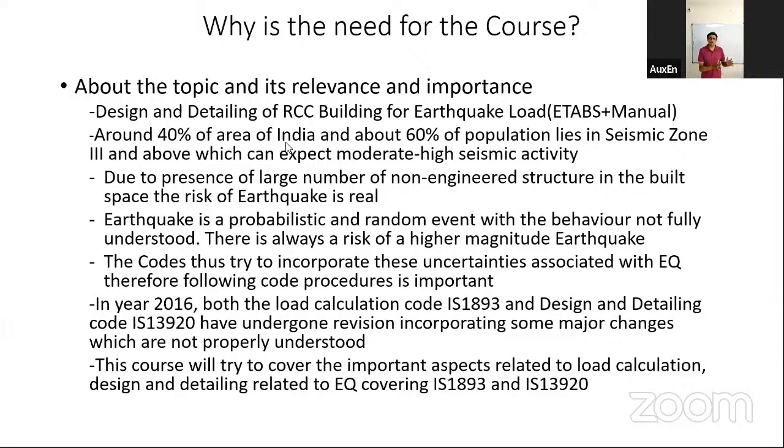One aspect of earthquake engineering is to be able to calculate the earthquake load and its effect, and the other aspect is to design and detail for these earthquake loads. So we would be studying both these codes. In the year 2017, both these codes were simultaneously revised, and some major changes have been introduced.